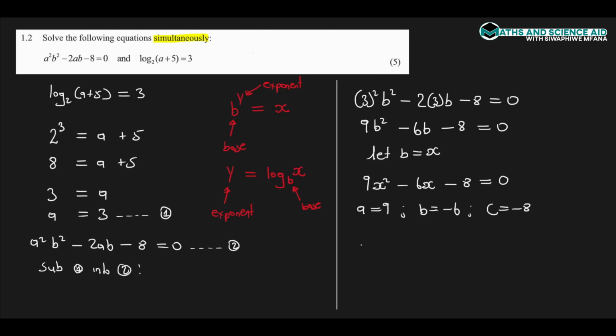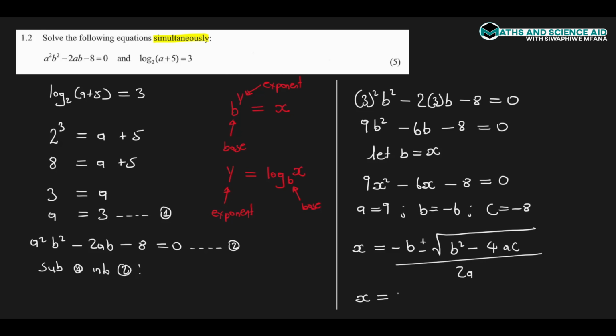And also, we usually use the quadratic formula as x is equal to negative b plus or minus the square root of b squared minus 4ac all divided by 2a. So now you can simply substitute all of these values into the quadratic formula and then solve for your x values.